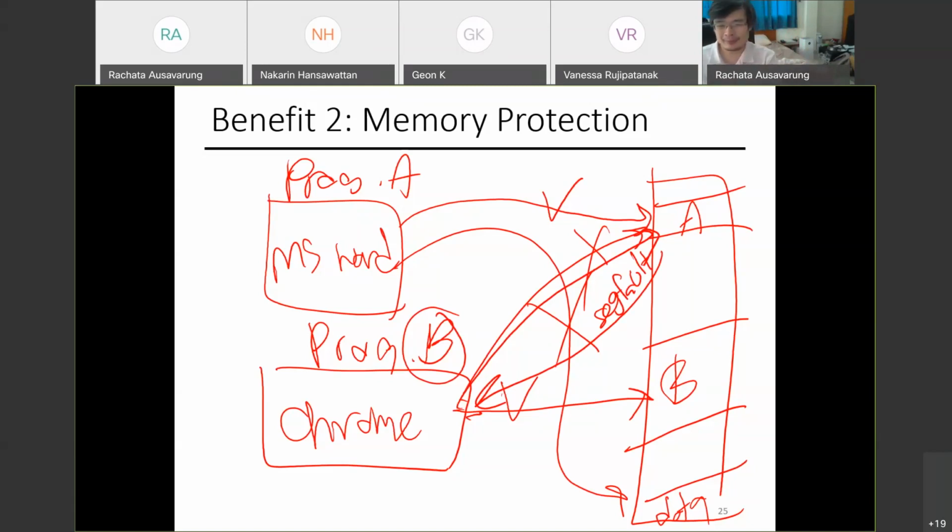That's a historical reason behind the word segment. It's how Intel implemented their virtual memory. But the idea is you're trying to access some location that you did not own, so the OS will protect that location from this buggy program.